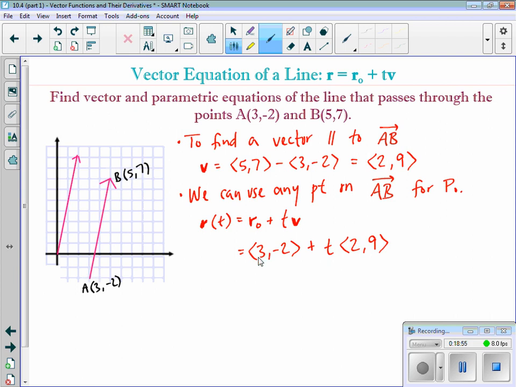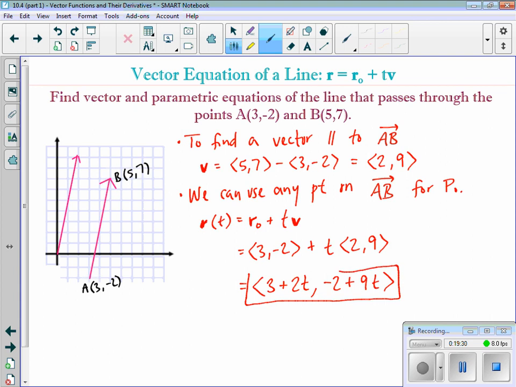So now if I take my first pieces, I get 3 plus, what's this going to turn into? It's like distributing it, 2t. So 3 plus 2t is the first part. And then comma, what's going to go in the back part? Negative 2 plus 9t. Okay, so you can write it like this, and that's fine.